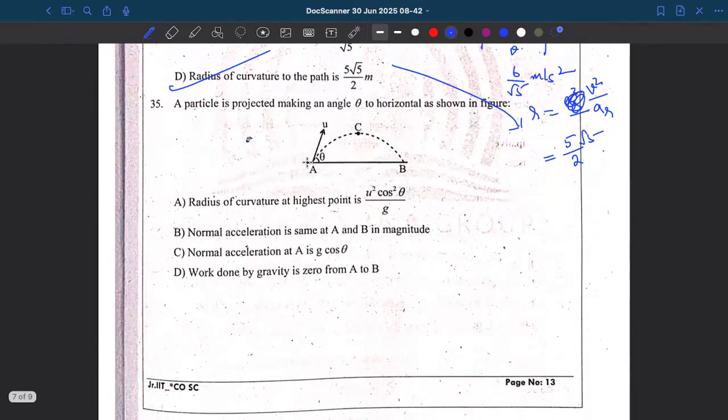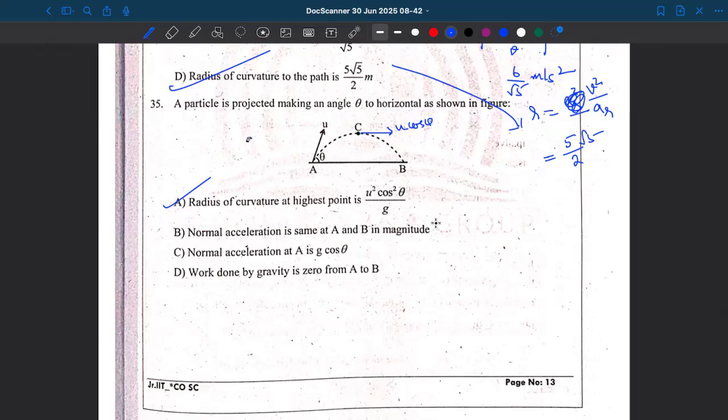Next, a particle is projected, question 35 is an easy question actually. A particle is projected making an angle theta to the horizontal as shown. At least one you can answer there, the radius of curvature at the highest point. How many answered this? Tejaswani. Right. So what you are going to get here is u square cos square theta by g, correct. Normal reaction is the same at A and B in magnitude.